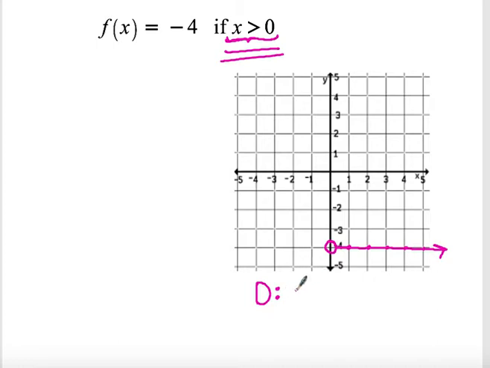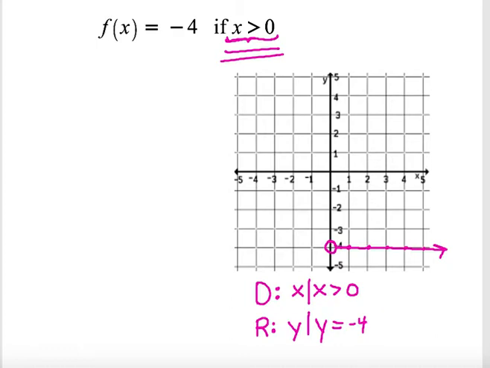My domain is going to be all x values such that x is greater than 0. For my range, no matter where I am, after 0, I'm always constantly on -4. So I would read this as all y values such that y is equal to -4.